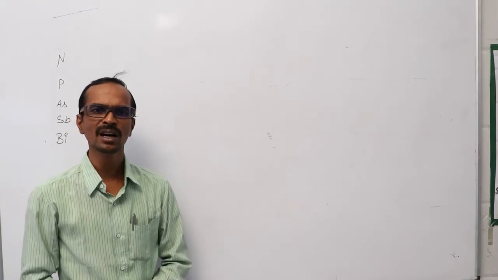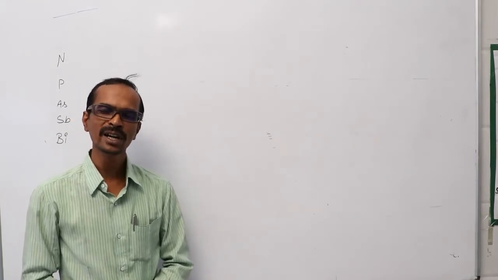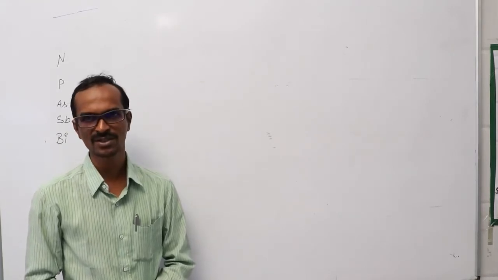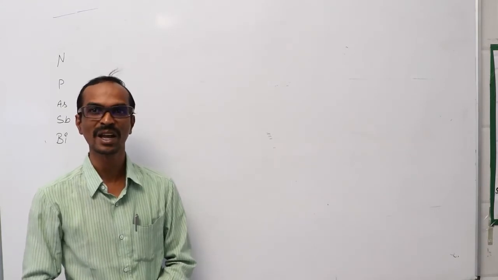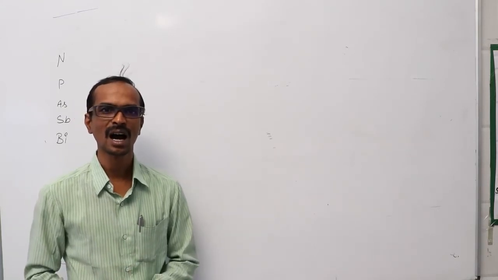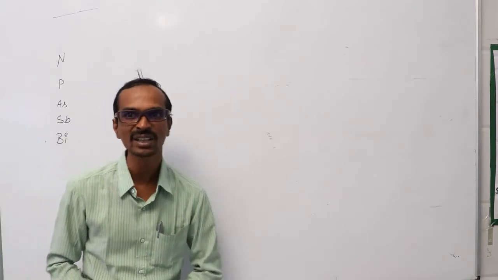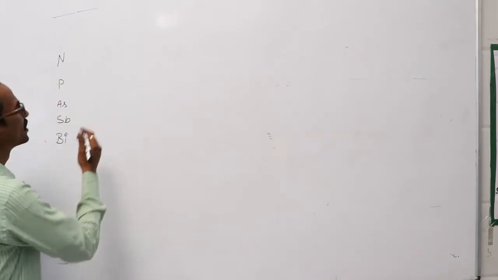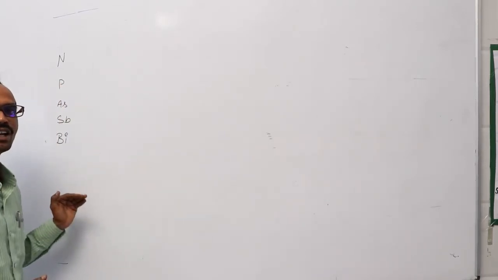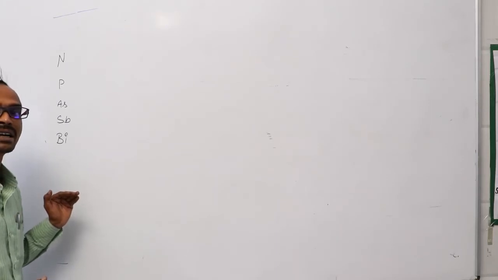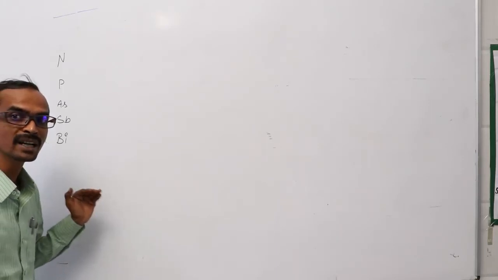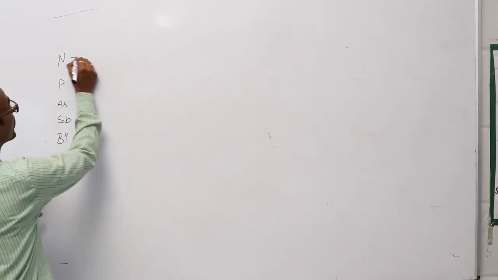What will be the relative abundance of these elements in the Earth's crust when compared with the other elements? What will be the ranking? Nitrogen is the 33rd most abundant element in the Earth's crust.